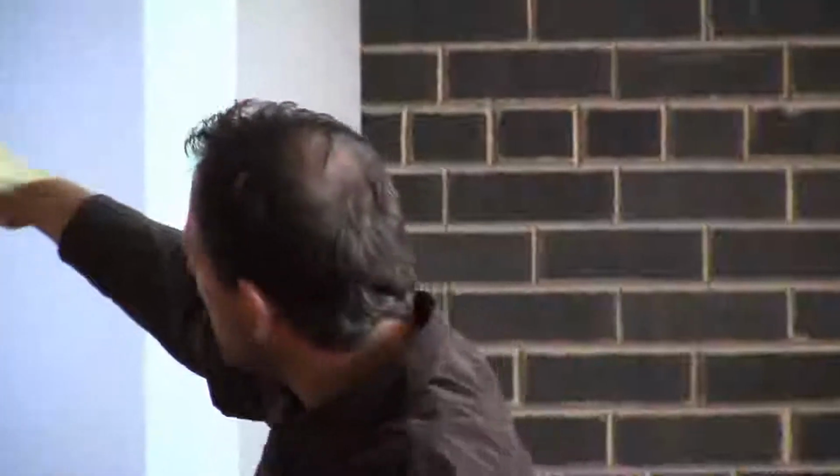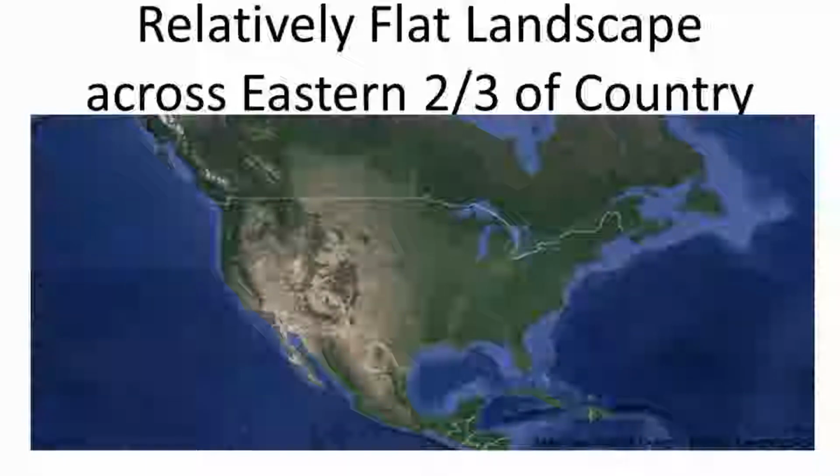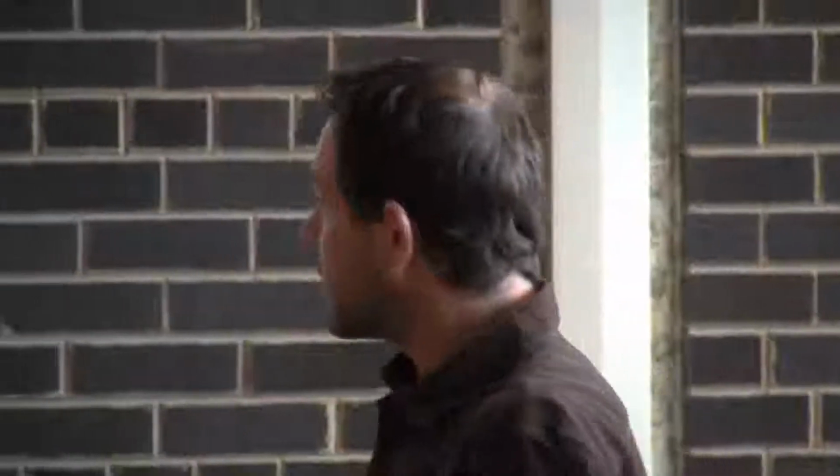But we have the eastern 2/3 of our country, basically everything east of the Rocky Mountains, considered flat landscape, minus that small little hump in the land from about Pennsylvania down into Georgia, the Appalachian Mountains. But still a relatively low-lying landscape, and you can still have severe weather and tornadic activity even in higher elevations as such.